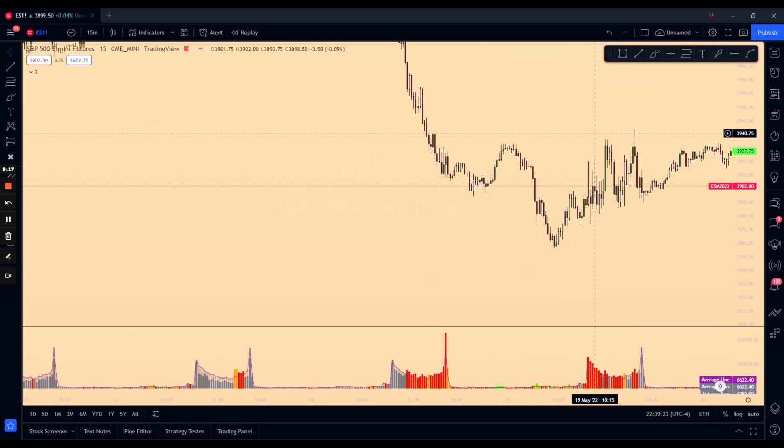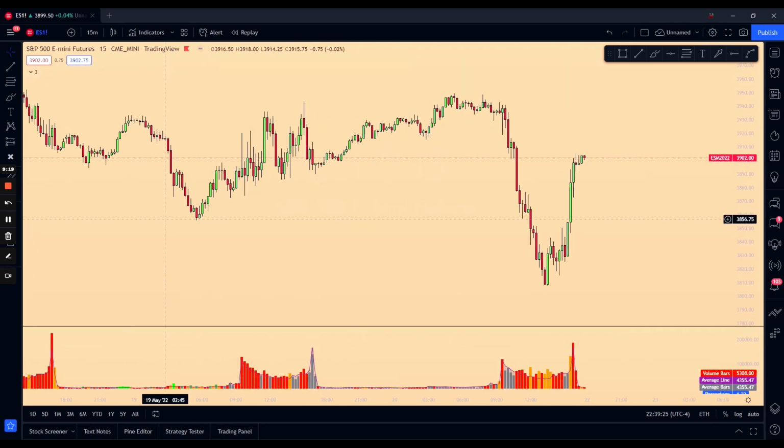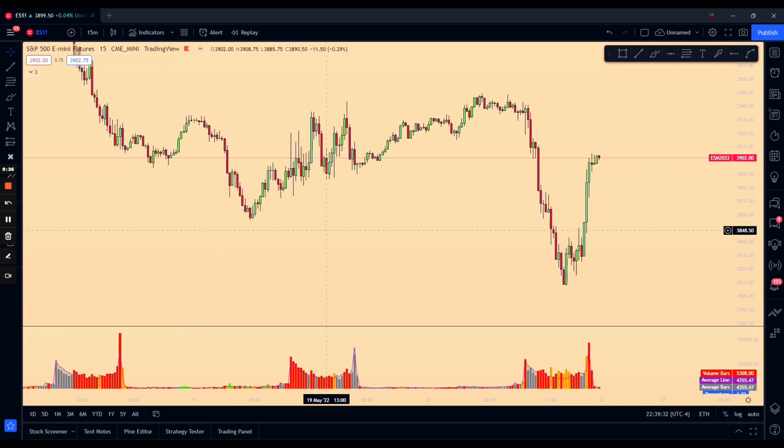So now, one more thing. The main reason I'm not talking about consolidation zones or rally-base-rally zones or any of that is I personally do not like to trade rally-base-rallies, base zones where it's consolidating, where market makers and institutions are fighting for control over an area, just because that tells me it's a weaker zone.